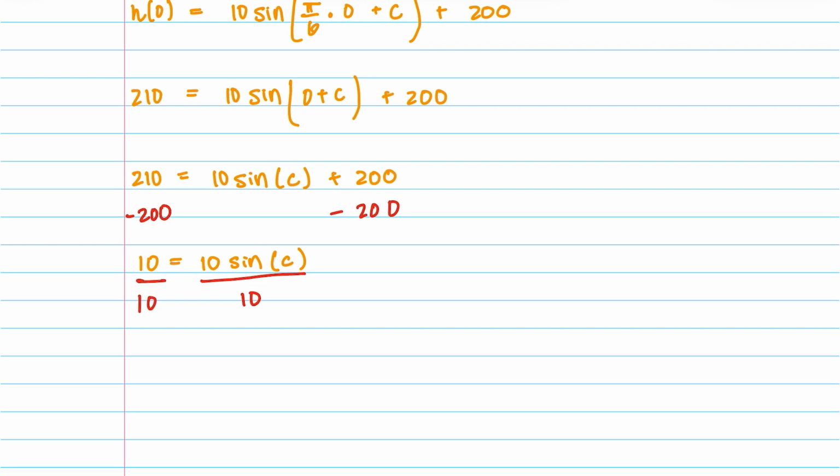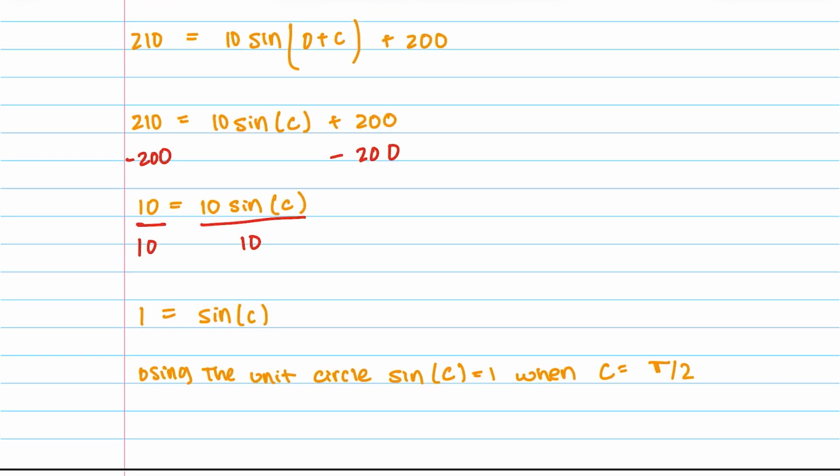We'll get 1 is equal to sine of c. Now that we have our equation condensed to this point, let's think back to the unit circle and think of a value c such that whenever you take the sine of it, we get 1. Referring to the unit circle, we know that this happens when c is equal to pi over 2.